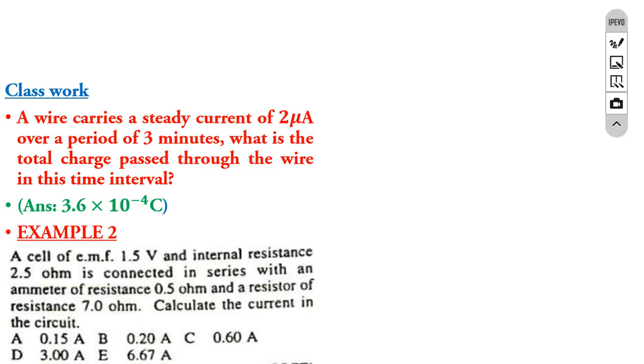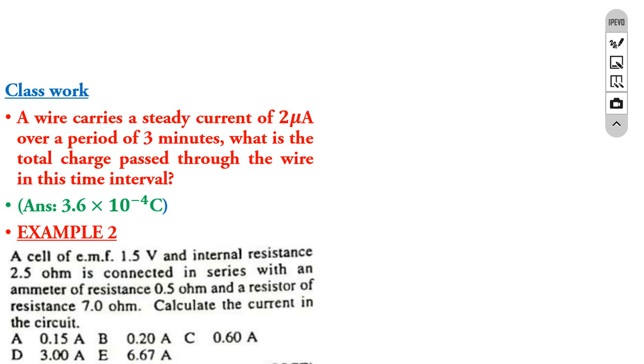Example 2. Example 2 says that a cell of EMF 1.5 volts and internal resistance 2.5 ohms is connected in series with an ammeter of resistance 0.5 ohms and a resistor of resistance 7 ohms.